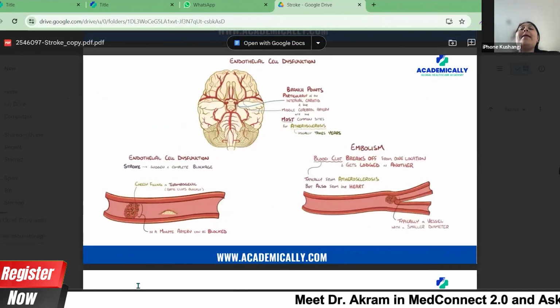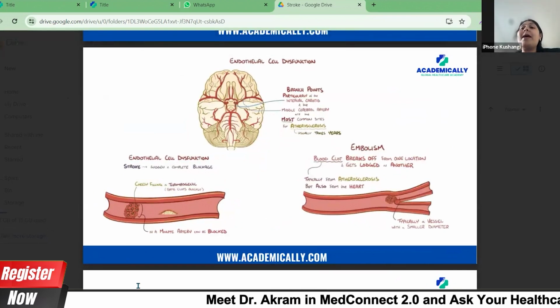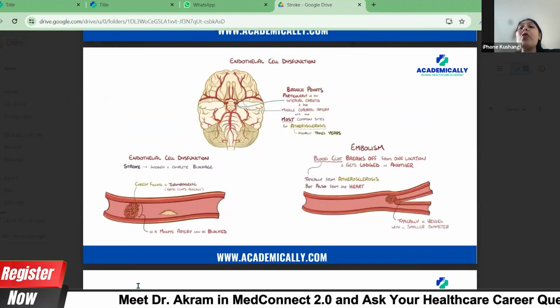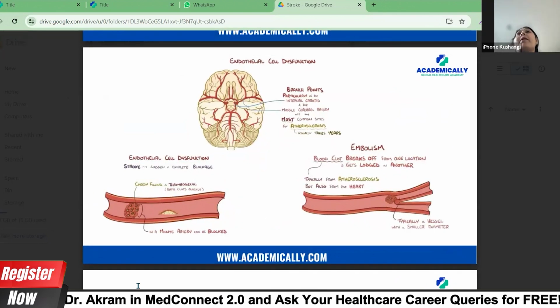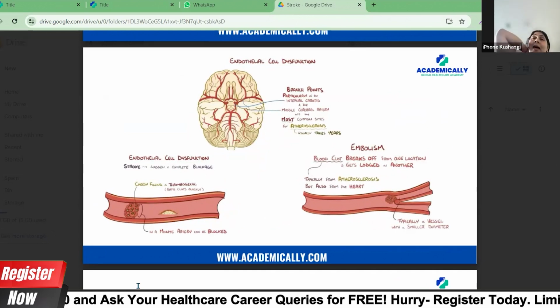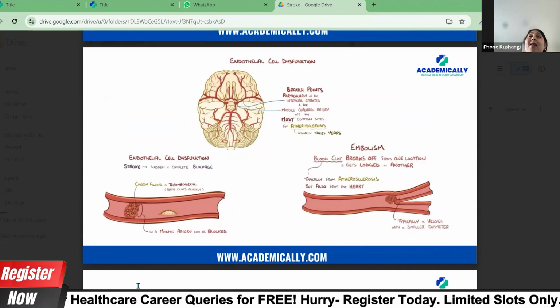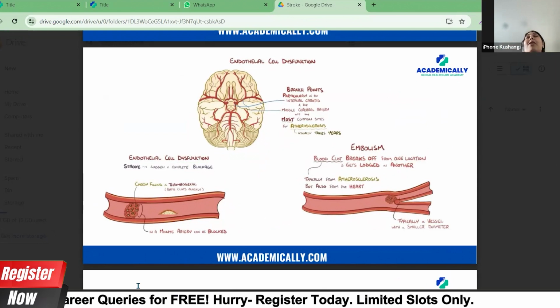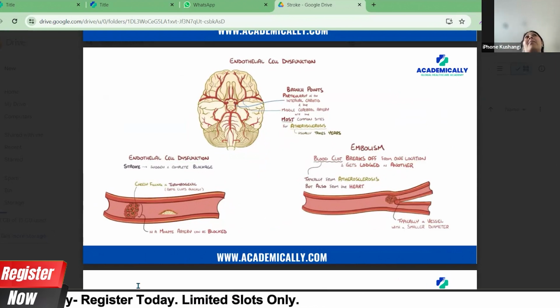Other than the atherosclerotic plaque, you might be aware of the thrombotic and the embolic types. Both have a similar effect, but the only difference is that thrombotic is a non-movable plaque and embolic is a movable plaque.